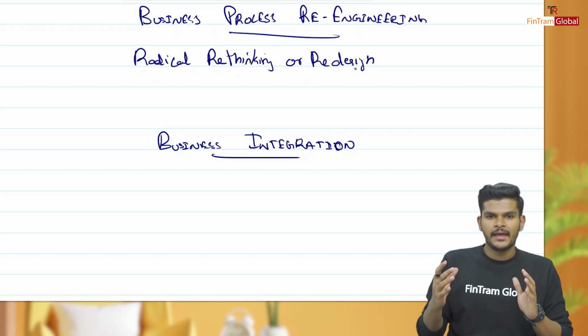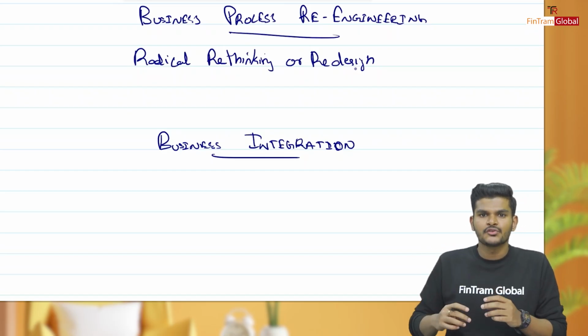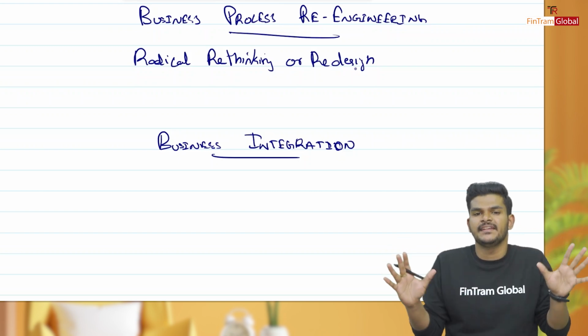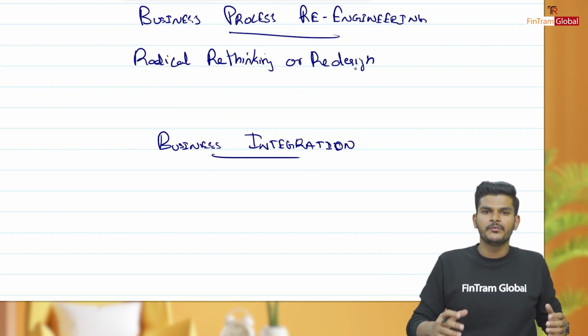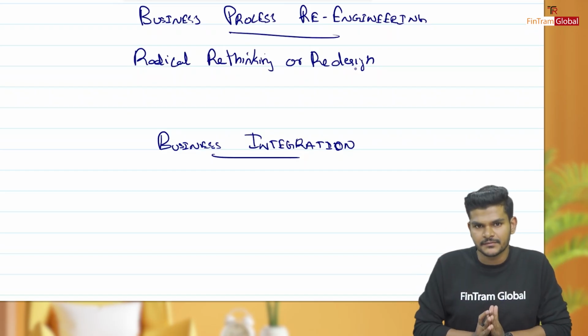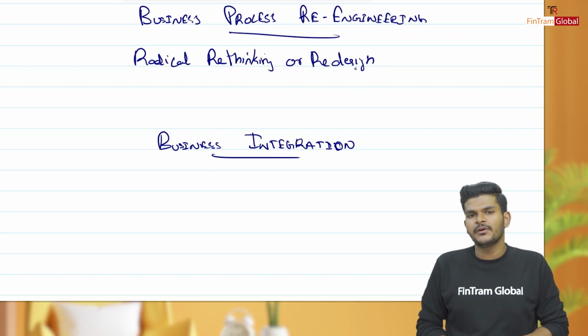As of now, let's say that I have certain processes, certain systems, and everything in place. So I'm changing everything completely. This is what business process re-engineering is all about. From one system, we're moving on to an entirely new process and set of systems. Now, why is this particular point really important?